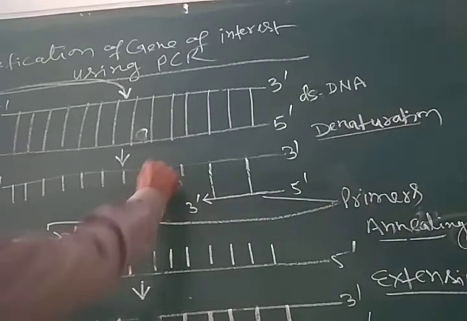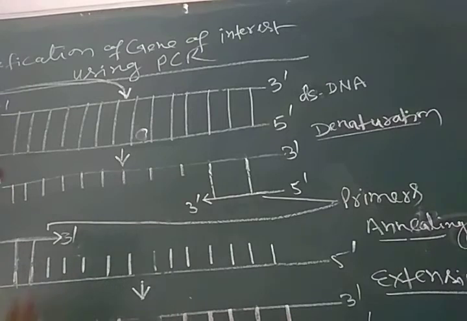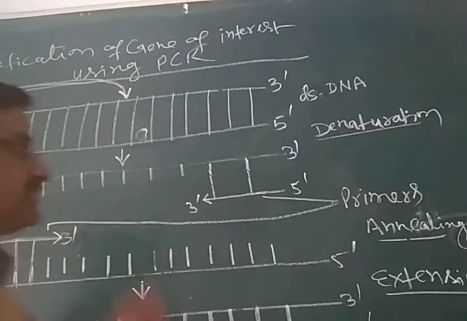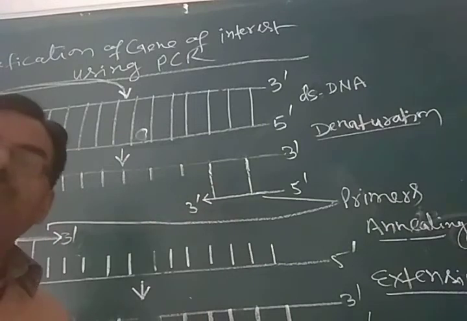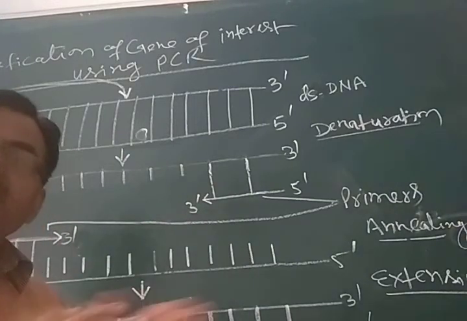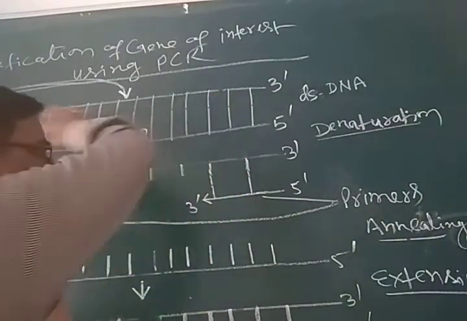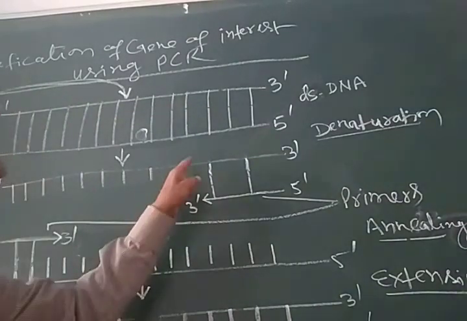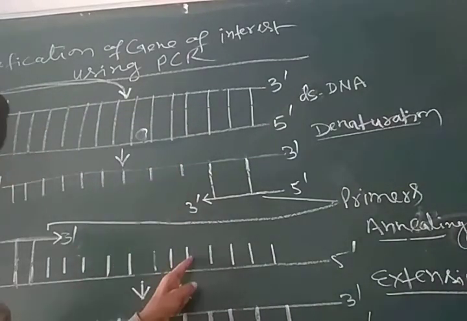Suppose these are the separated strands. This process is called denaturation. During denaturation, the two strands of DNA are separated due to the breaking of the hydrogen bonds. Now these are the two strands of DNA.